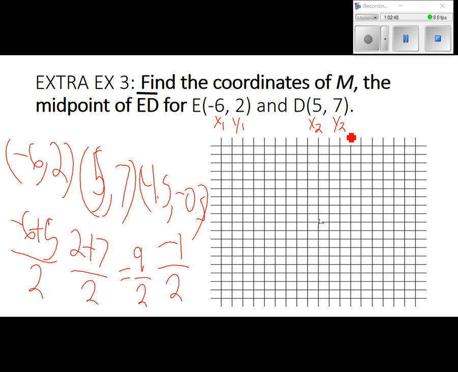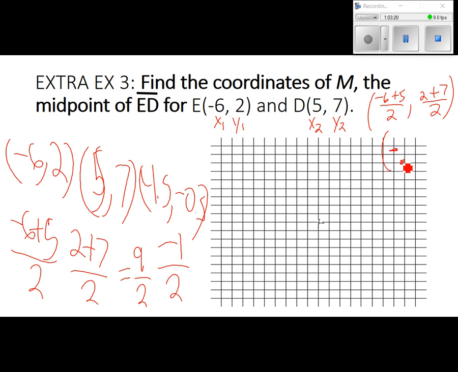What's my x's this time? -6 plus 5, divided by 2. What's my y's? 2 and 7. 2 plus 7 divided by 2. -6 plus 5 is -1. -1 divided by 2 is -0.5.